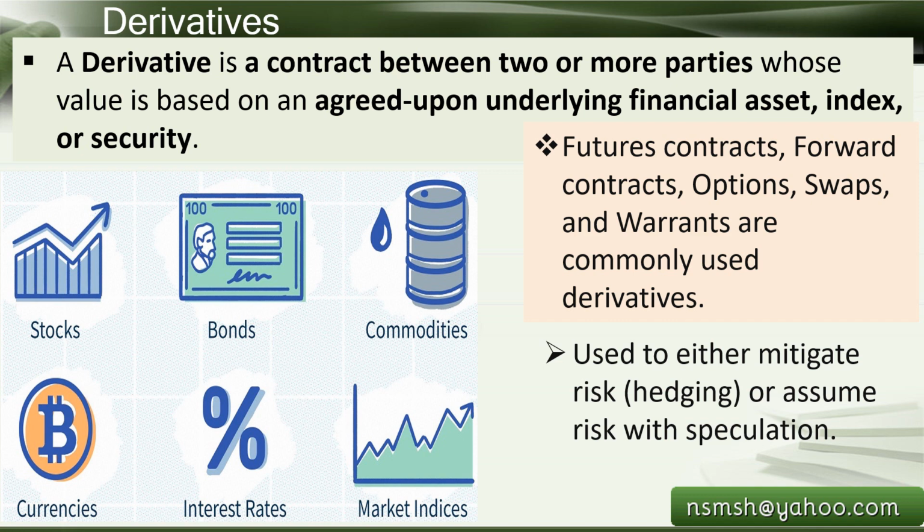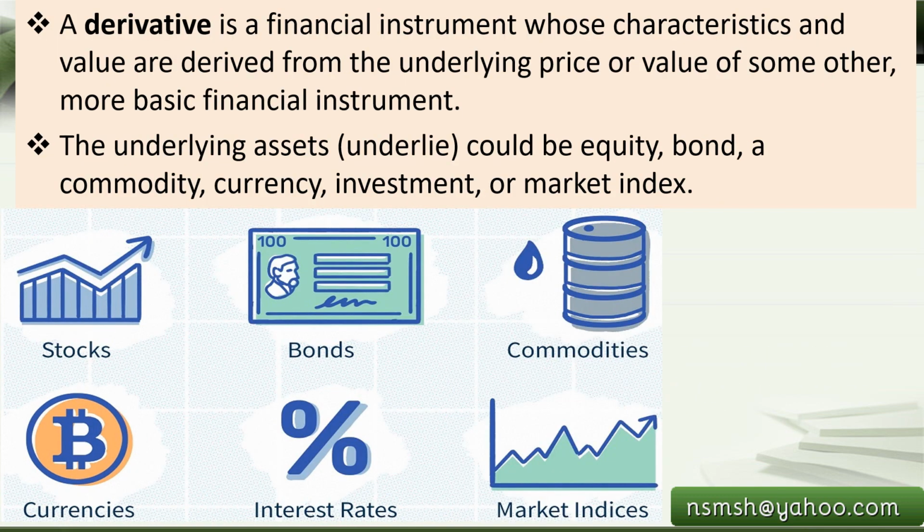Derivatives are used either to mitigate risk, that is by hedging, or to assume risk with speculation, and we will be studying both. A derivative is a financial instrument whose characteristics and value are derived from the underlying price or value of some other more basic financial instrument.